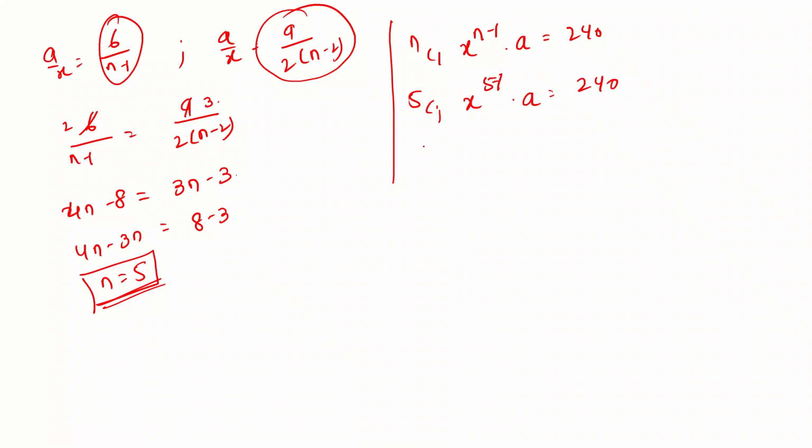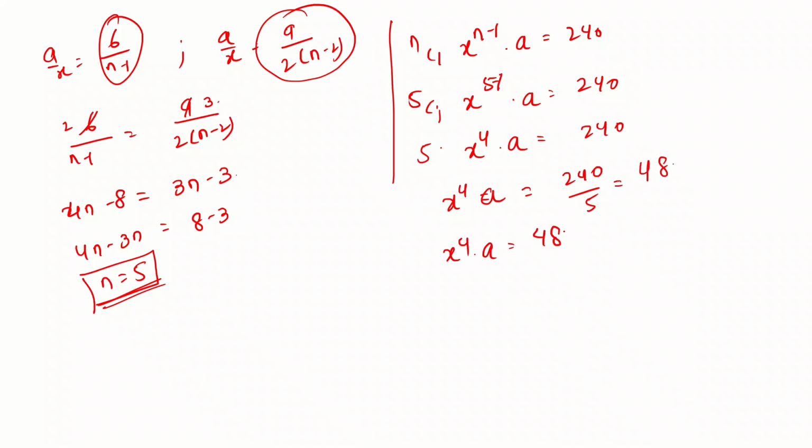What is 5C1? 5C1 is 5. x to the power of 4 into a is equal to 240. I can take 5 down here. So x to the power of 4 into a is equal to 240 by 5. 5 4s are 20, 40, 5 8s are 40. So I get x to the power of 4 times a is equal to 48.